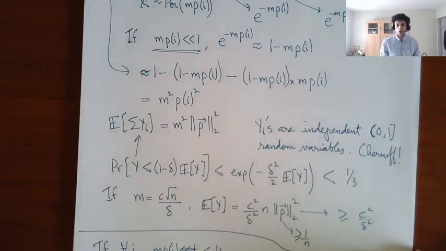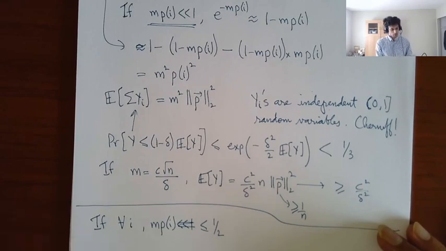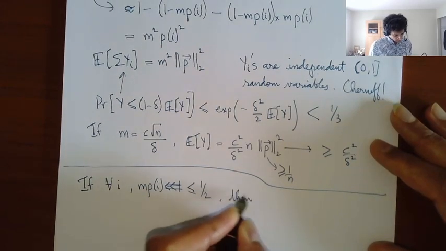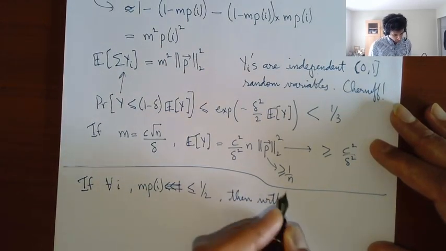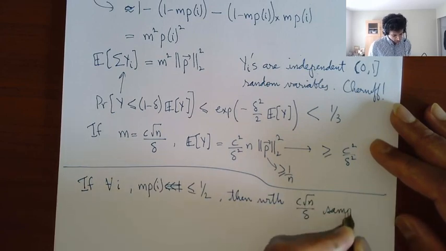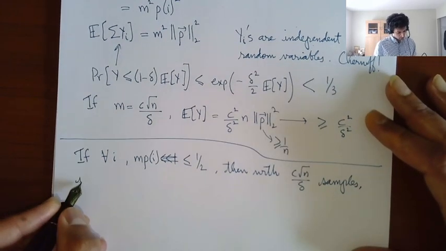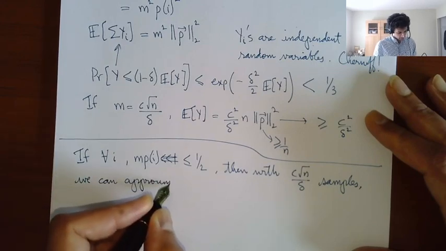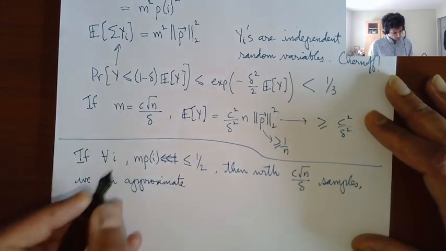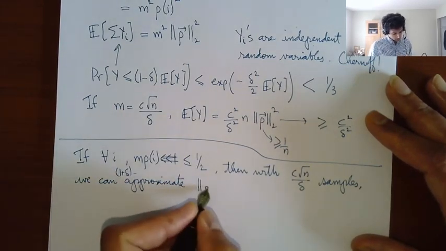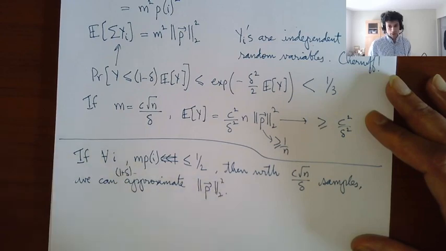Then, with c root n over delta samples, we can 1 plus delta approximate the 2 norm squared.